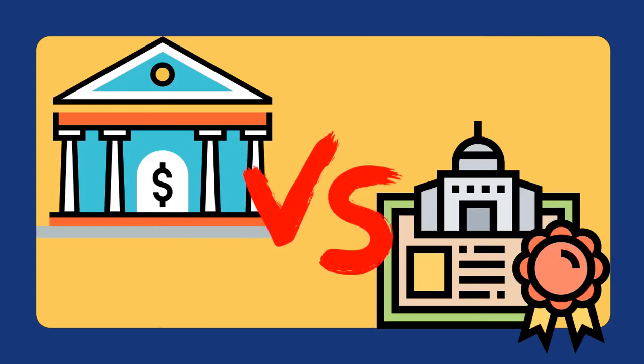So bank versus the bond and the stock market. So, class, banks are part of what we call financial institutions.